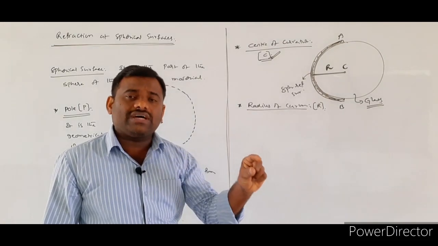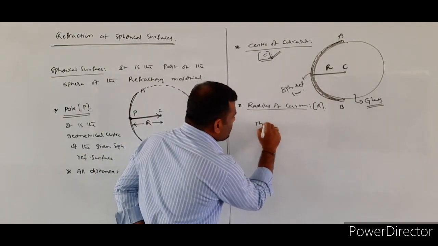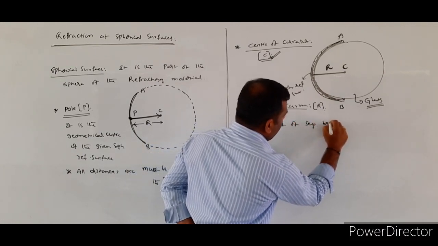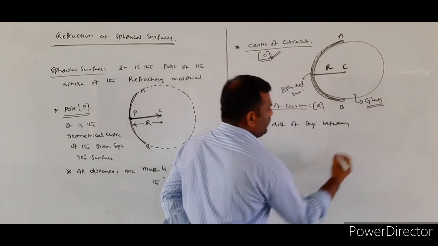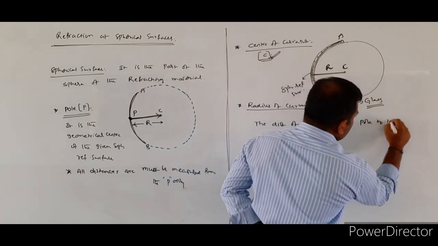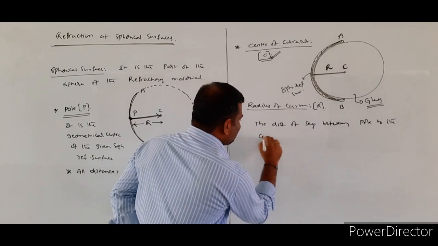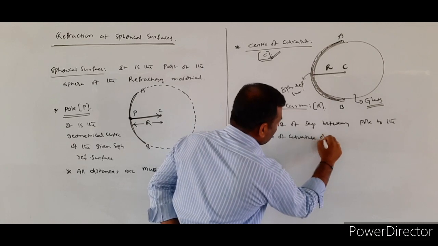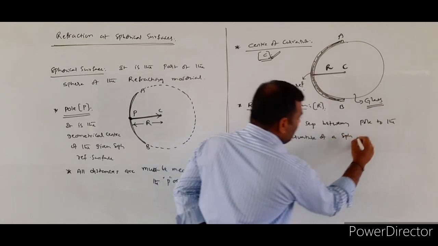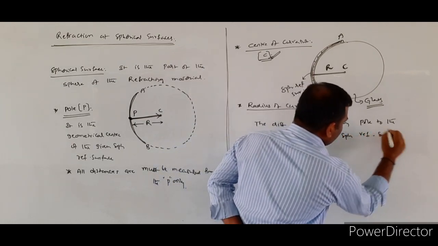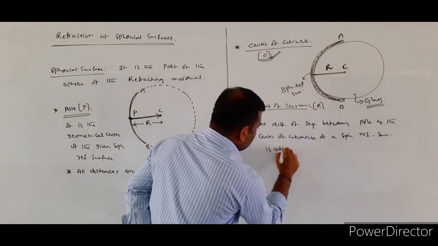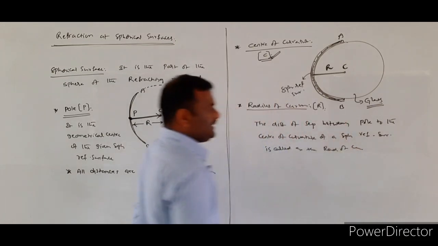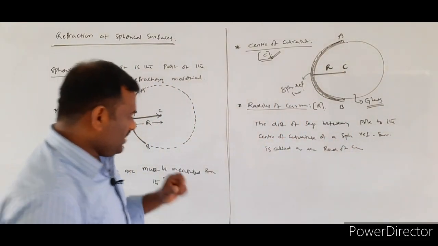What is the definition? The distance of separation between the pole and the center of curvature of a spherical refracting surface is called the radius of curvature.